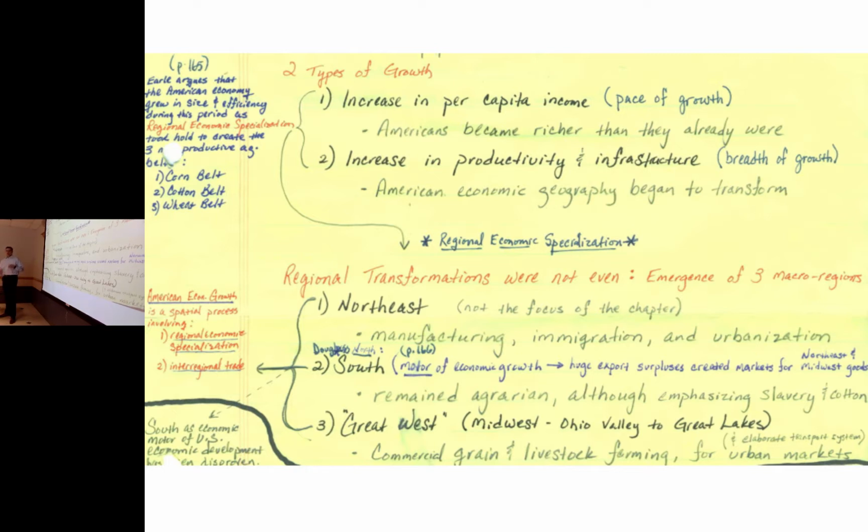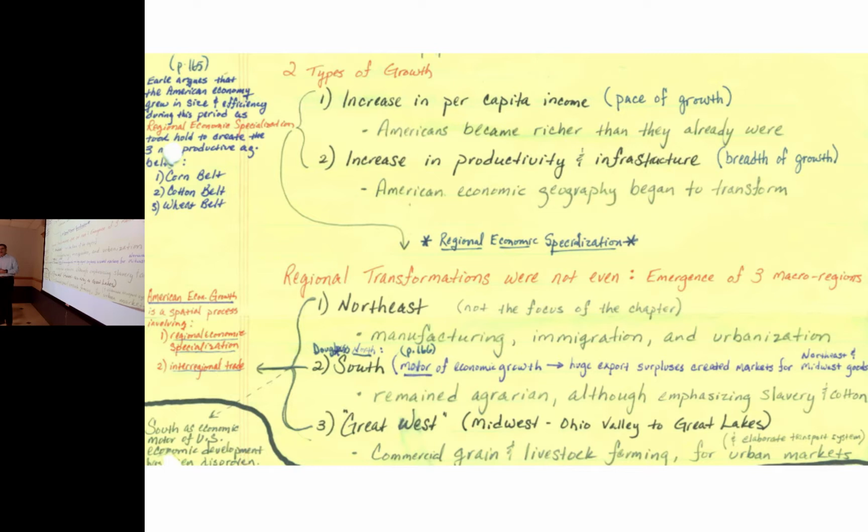So there's cumulative wealth taking place. But more important is the second type of growth that occurs during this period. It's an increase in productivity and an increase in the infrastructure of the country that allows the expansion of opportunities into the West.